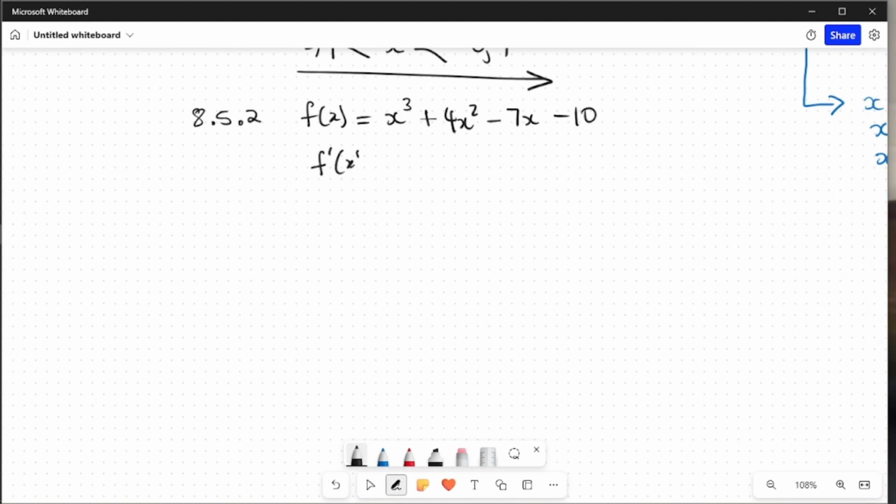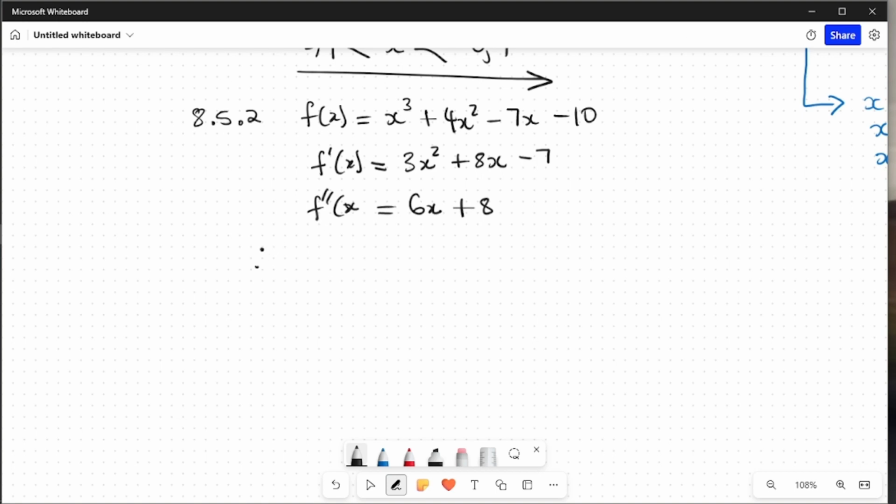The first derivative of x cubed is 3x squared, of 4x squared will be 8x, and negative 7. The derivative of a constant number is 0, so you don't have to write 0. Then when we do the second derivative, it will be 6x plus 8.